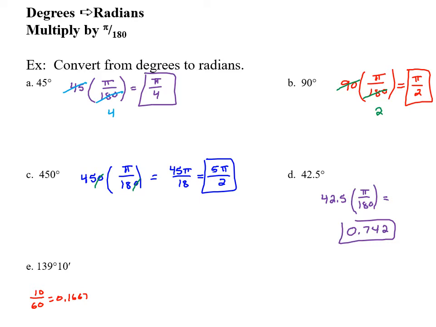And so I would take the 139 degrees and 10 minutes, I'd make that 139.16667, however many decimals you want, and multiply that by pi over 180, and type that in the calculator. Oh, that right there was supposed to be a curved line.